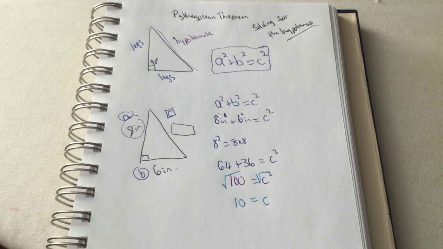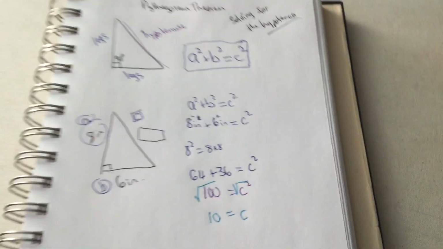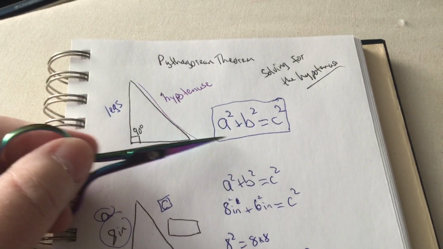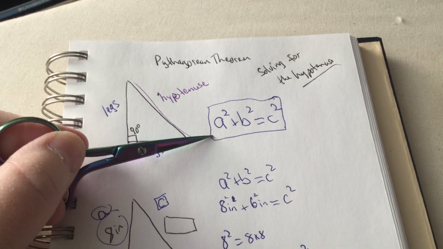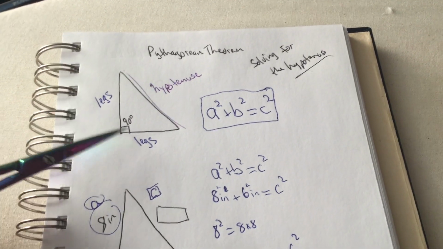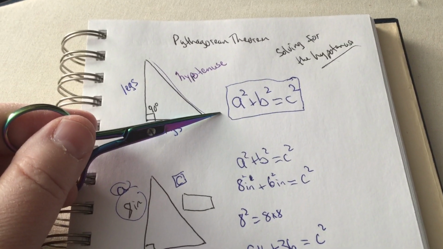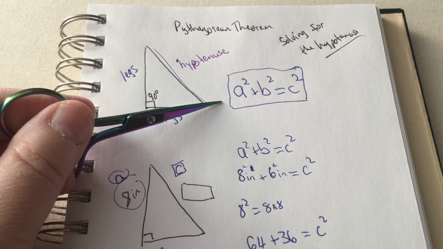So, the Pythagorean theorem, oops, I need something to point with. Here, I'll use some scissors. The Pythagorean theorem is this formula. We use it to solve for different sides on a right triangle. This is extraordinarily useful. You will use it your entire math career.